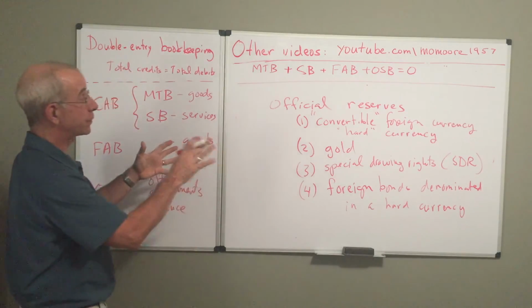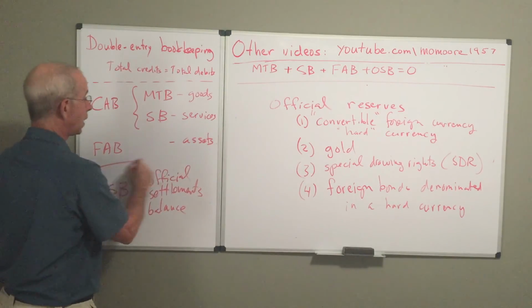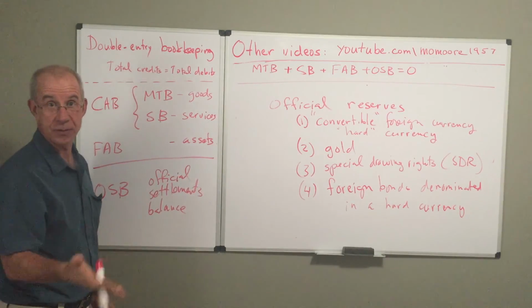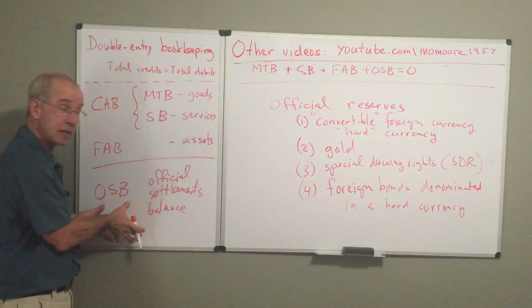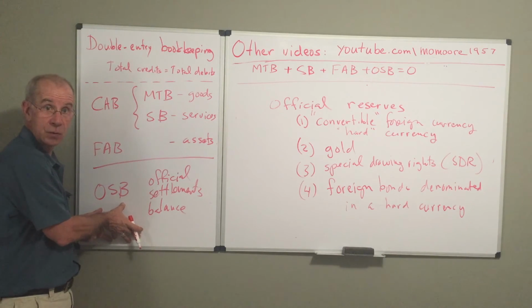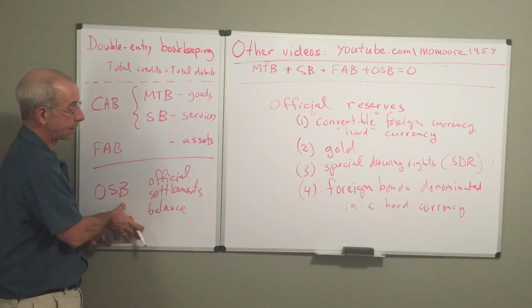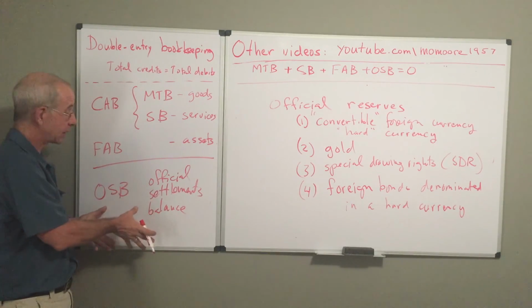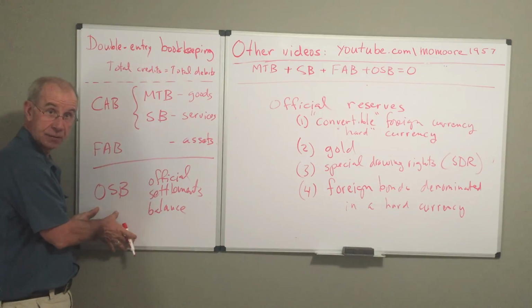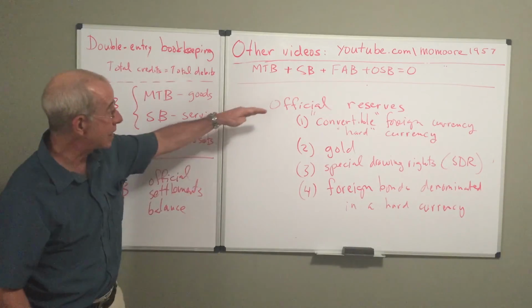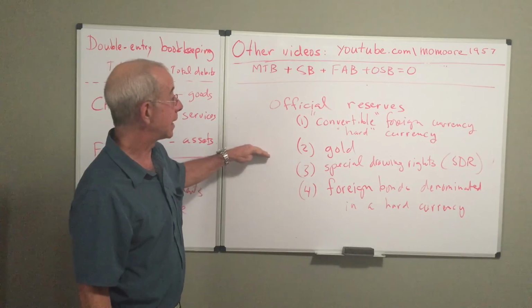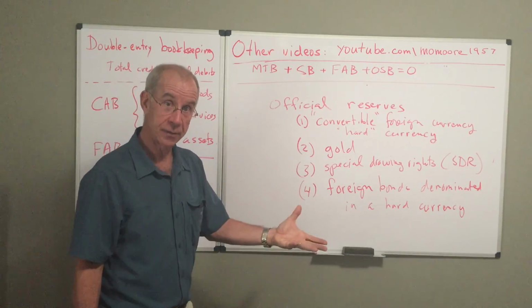So official reserves are very different from these other accounts which have to do with private decisions for private purchase and sale of goods, services, and assets. The official settlements balance reflects policy decisions of a central bank to change its official reserve assets in order to influence exchange rates.